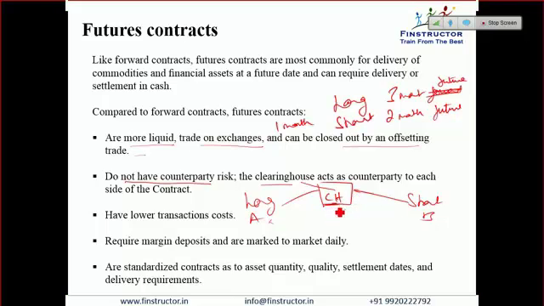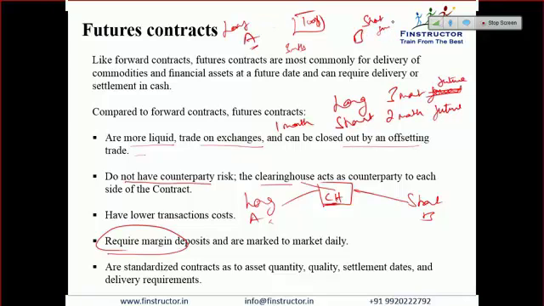The clearinghouse will require a margin. That is, if A and B have agreed to long and short a book for $100, who will gain eventually at maturity, that is 3 months later? Will the long gain or will the short gain?